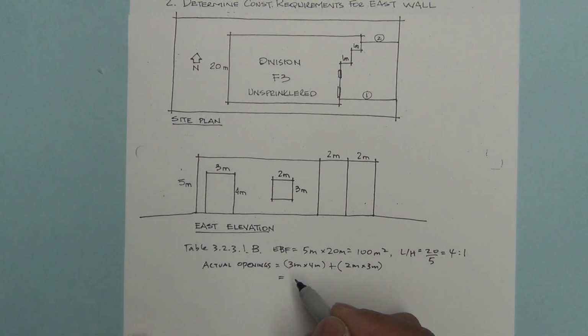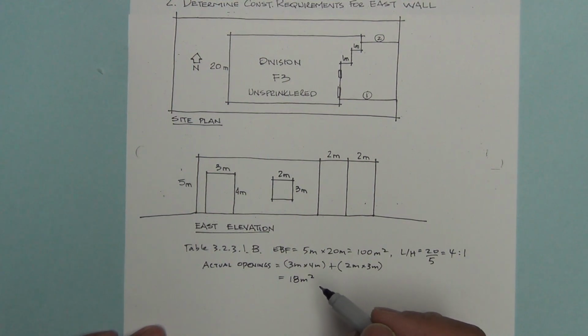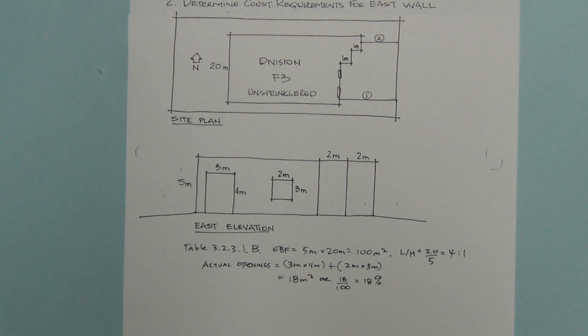Okay, and so that gives us 18 square meters of unprotected openings, or 18 over 100, which is 18%, 100 being the exposing building face area. So we want the actual openings, 18%, to be the maximum permitted. We want to optimize the amount of windows on that wall.